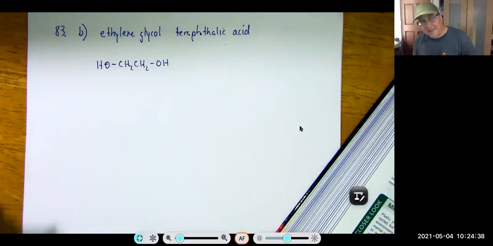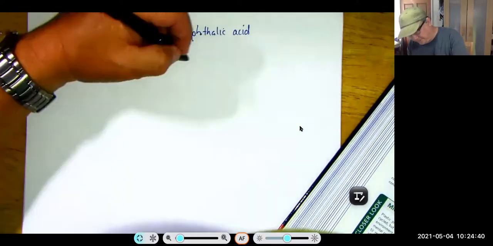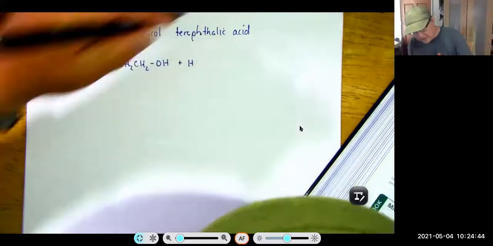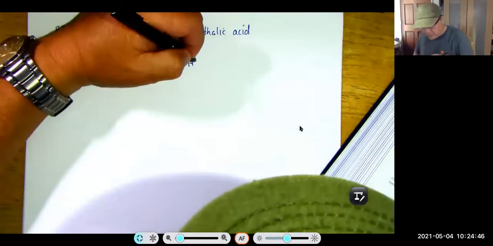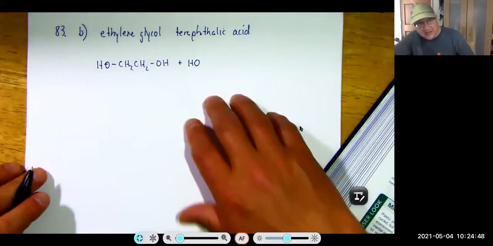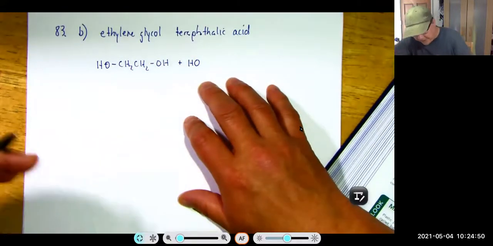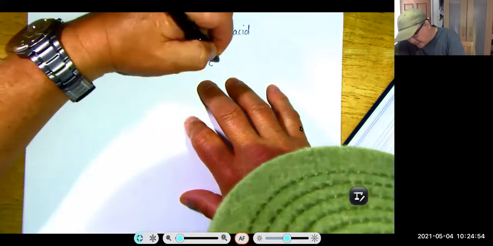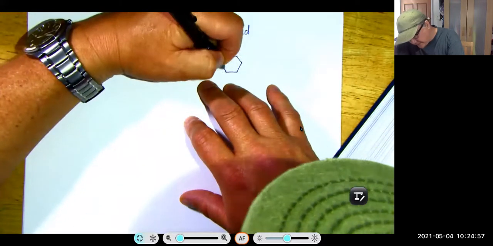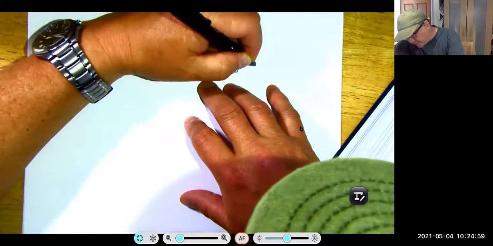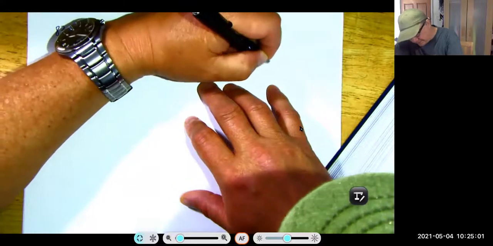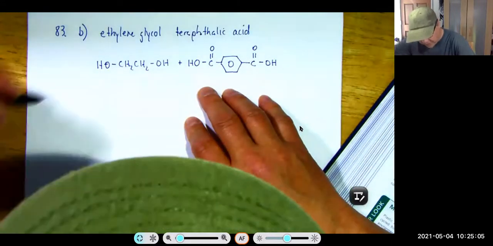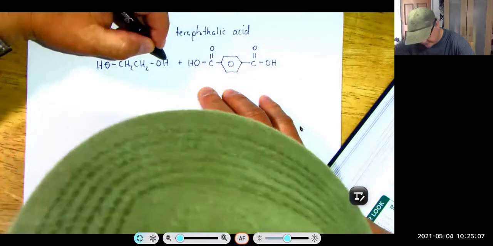Terephthalic acid is with a benzene in the middle. Really? So here, when they asked us to write out the reaction, they did not say structural formulas or anything like that. So I'm going to write these in a way that is going to help us figure out what's going on.